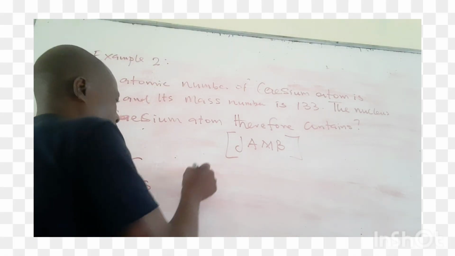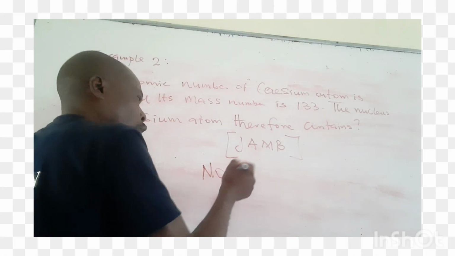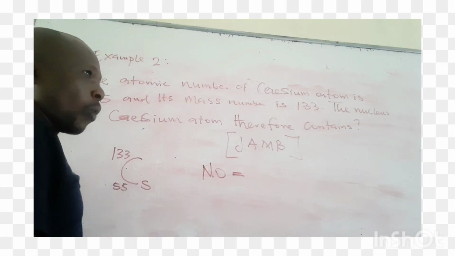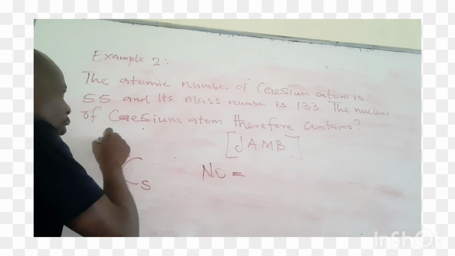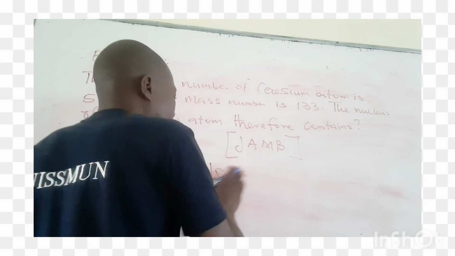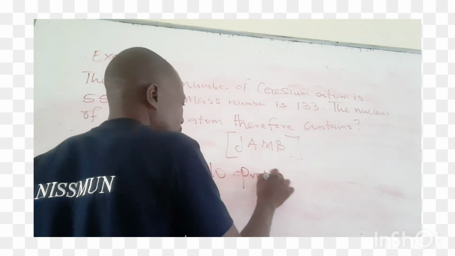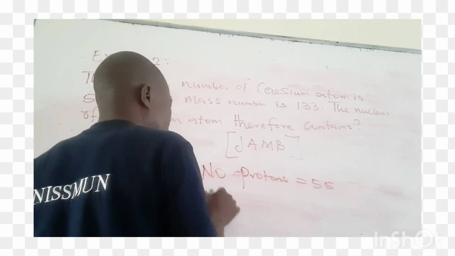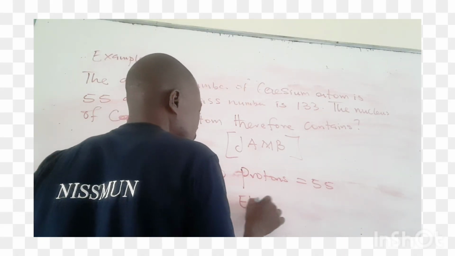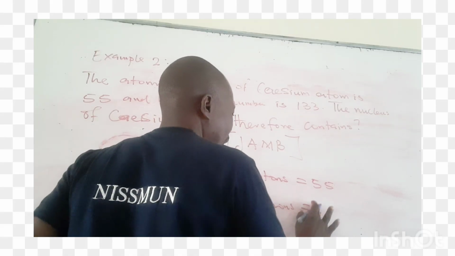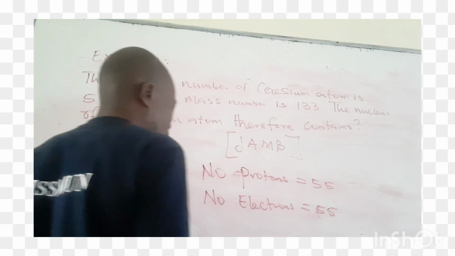So let's solve first. The number of protons, I just want us to identify every other thing first, but the answer is straightforward. The nucleus contains 133. But let's see, the number of protons is equal to 55. The number of electrons is equal to 55, since it is a neutral cesium atom.